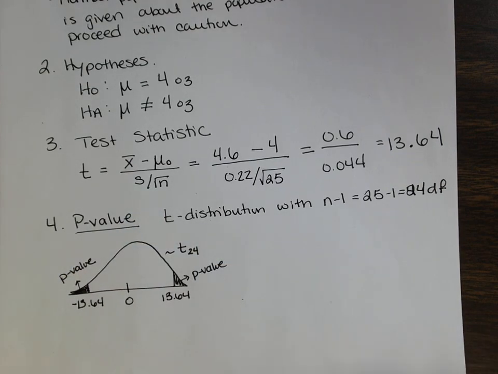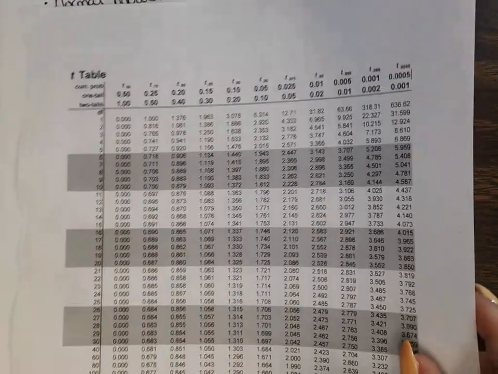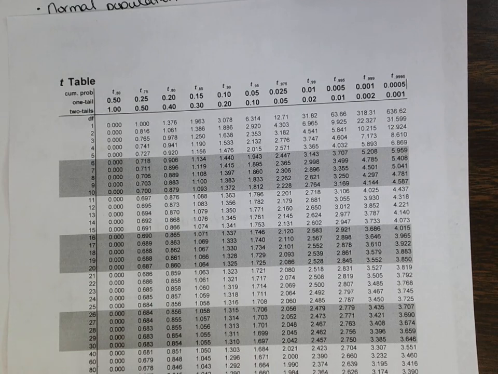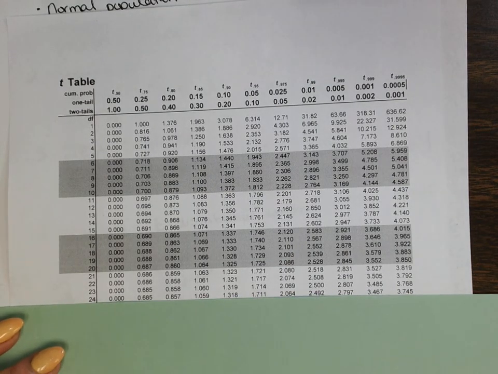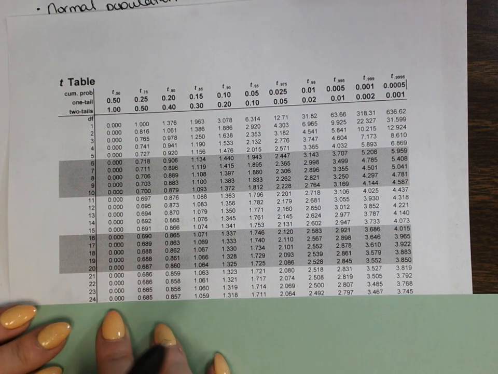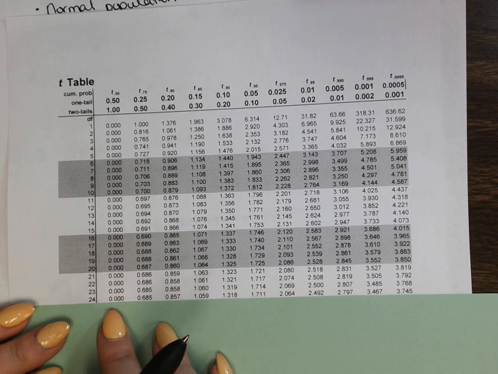Now, what we're able to do using our t-table is to find a range of reasonable values for this area. So we're going to look at our t-table, which I have a copy of here, and recall that we needed 24 degrees of freedom. Looking at the row that corresponds to 24 degrees of freedom, next, what we're going to do is find two values that our test statistic falls between.